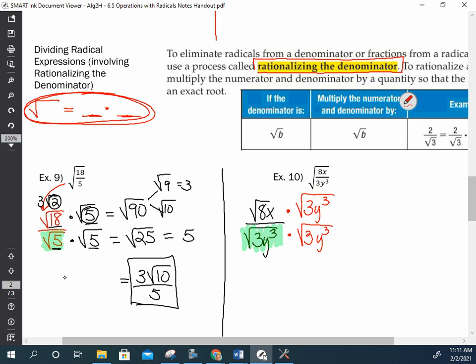If you wanted to simplify y to the third first, to simplify it to y square root 3y, that's fine. That just means instead of multiplying by square root of 3y to the third, you would just multiply by square root of 3y if you choose to go down that route.